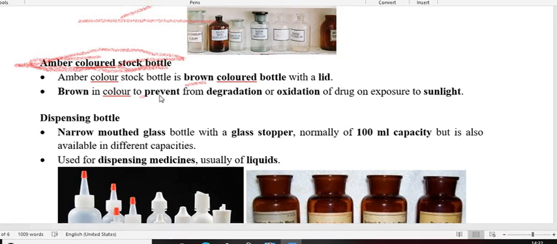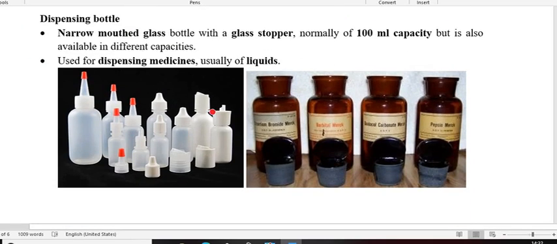Because it prevents the degradation or oxidation of drug on exposure to sunlight. These amber colored bottles preserve the stock solution from degradation or oxidation by light. Other than that, there is the dispensing bottle. So what is the meaning of the dispensing bottle?